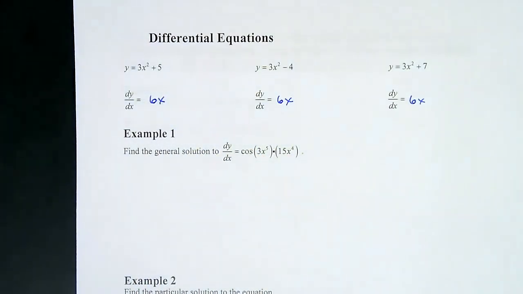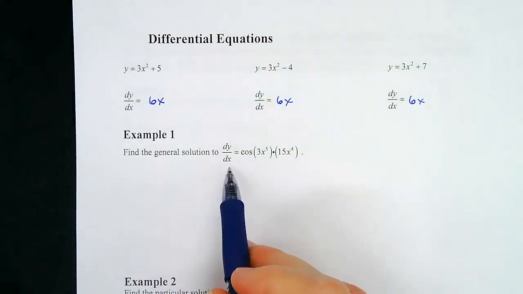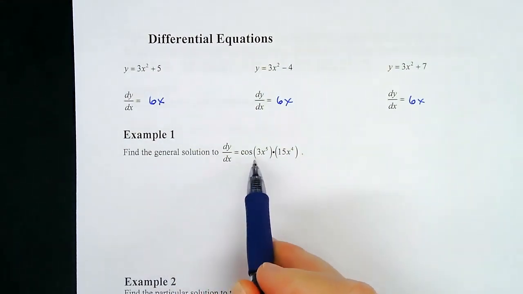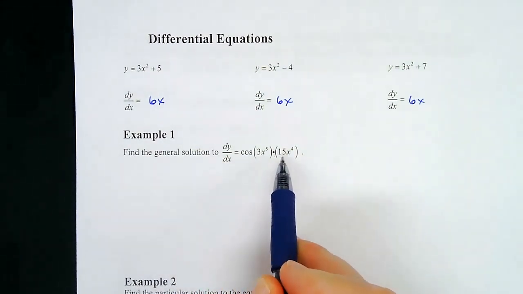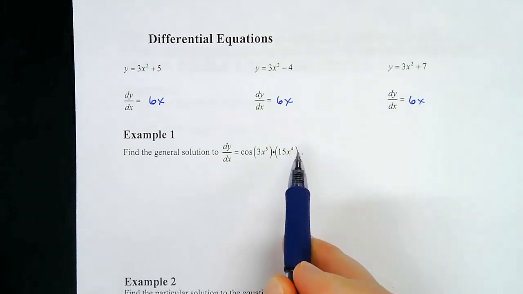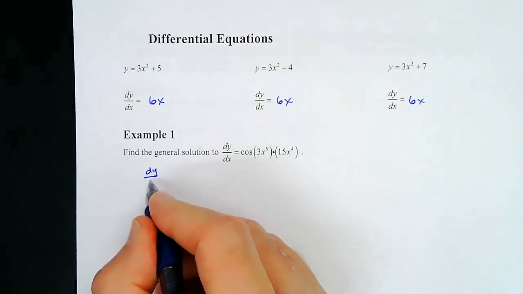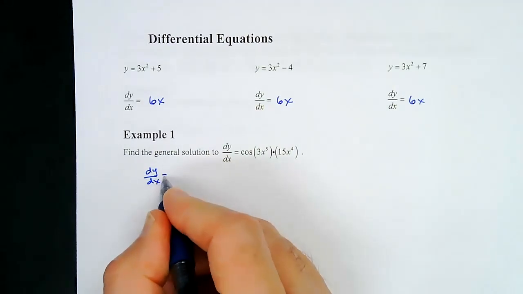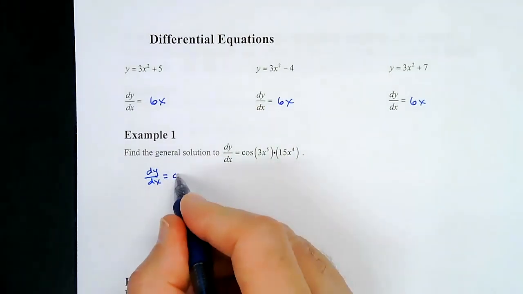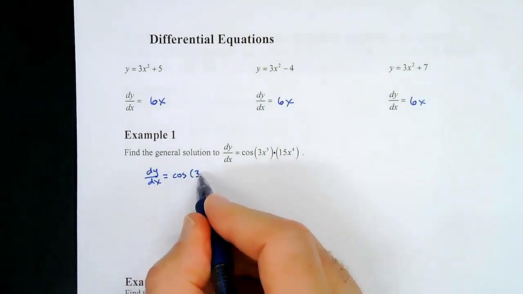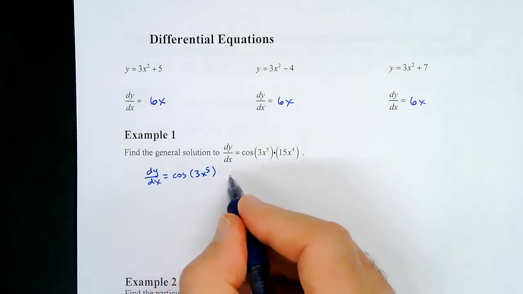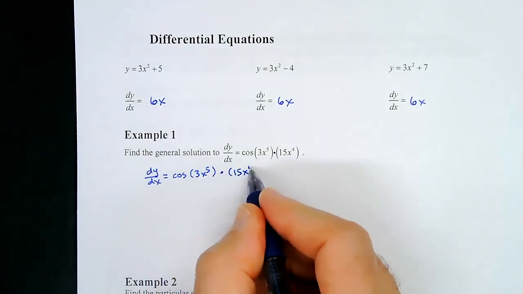So here's our first problem. We have dy over dx is equal to cosine of 3x to the fifth times 15x to the fourth.